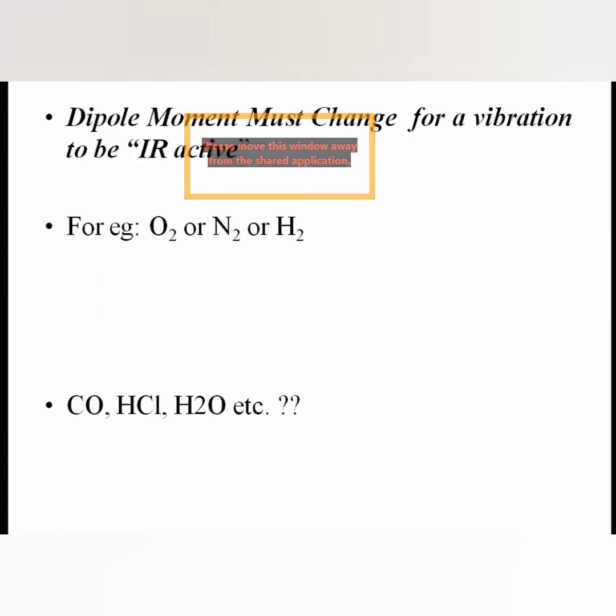There are two examples. The first is O2, N2, and H2 molecules, which are known as homodiatomic molecules. The other is CO, HCl, and H2O molecules. CO is a heterodiatomic molecule.